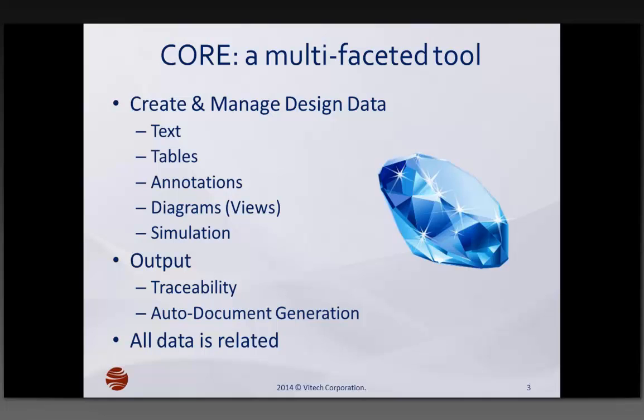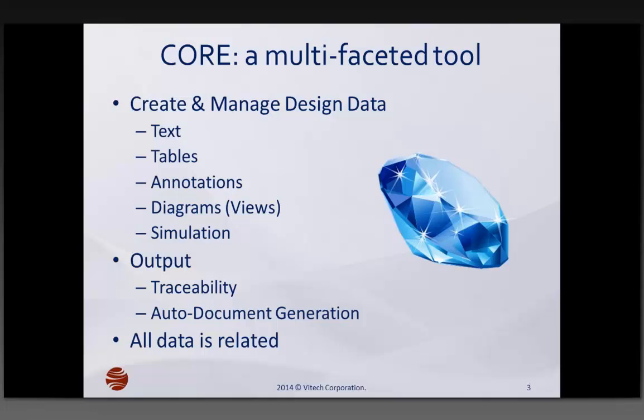It allows us to create architecture and behavioral models using a diagramming technique. It's actually a view technique, which is a little subtle. We'll talk about that more later. But it also lets you do simulation of your systems. So in addition to being able to manage both textual information and graphical information, and do simulation and so forth, it lets you capture all of the different types of information that you need to capture as a systems engineer.